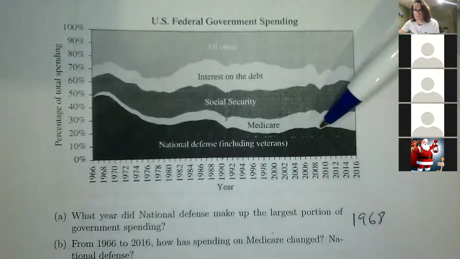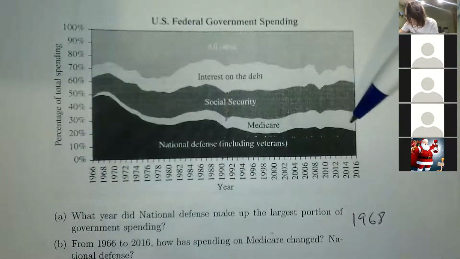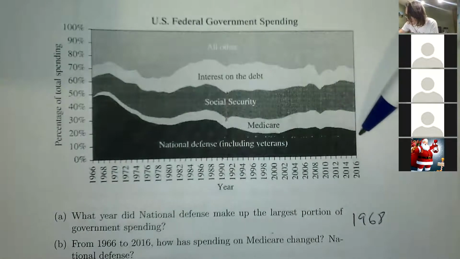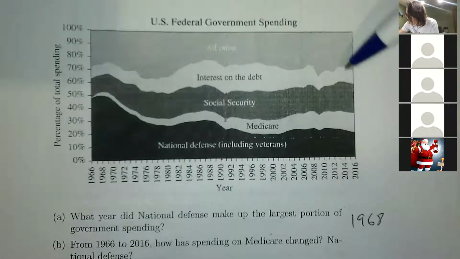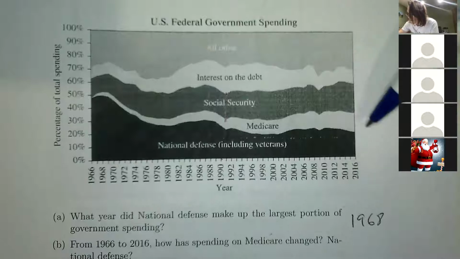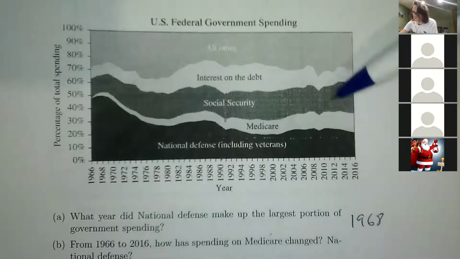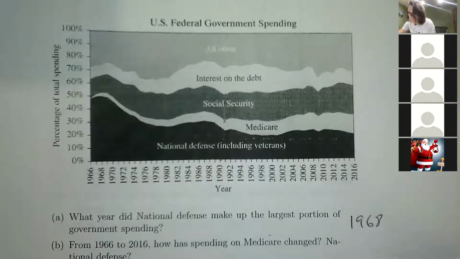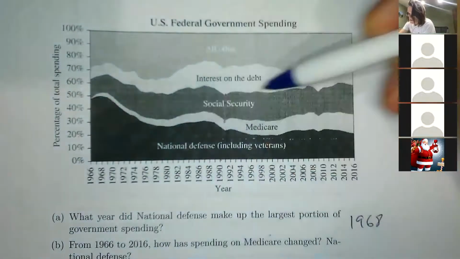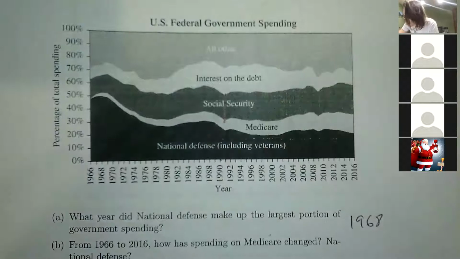Floop is a technical term. It's quite large in 2016. It's not quite as large as national defense. It's not quite as large as Social Security. And interest on the debt, it's decently sized, but it's still not a heavy hitter like Social Security or national defense. But you would just say it grows. It's almost consistently growing.